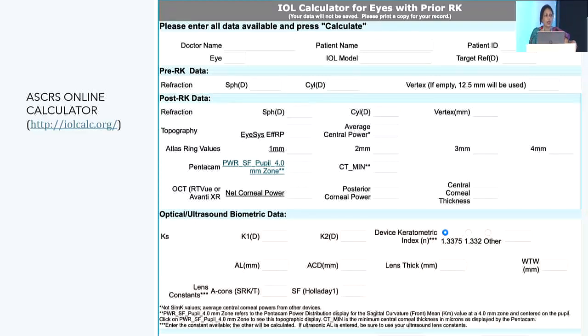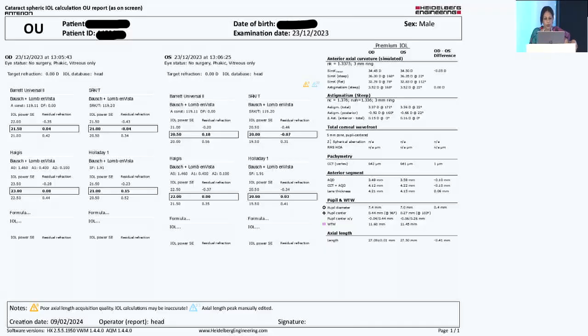Suppose you do not have access to Pentacam, and you just have the anterior K readings, then you can use a combination of IOL Master and your ultrasonic calculations, and take an average of all these. But of course, the ideal would be to take the posterior float into consideration also.